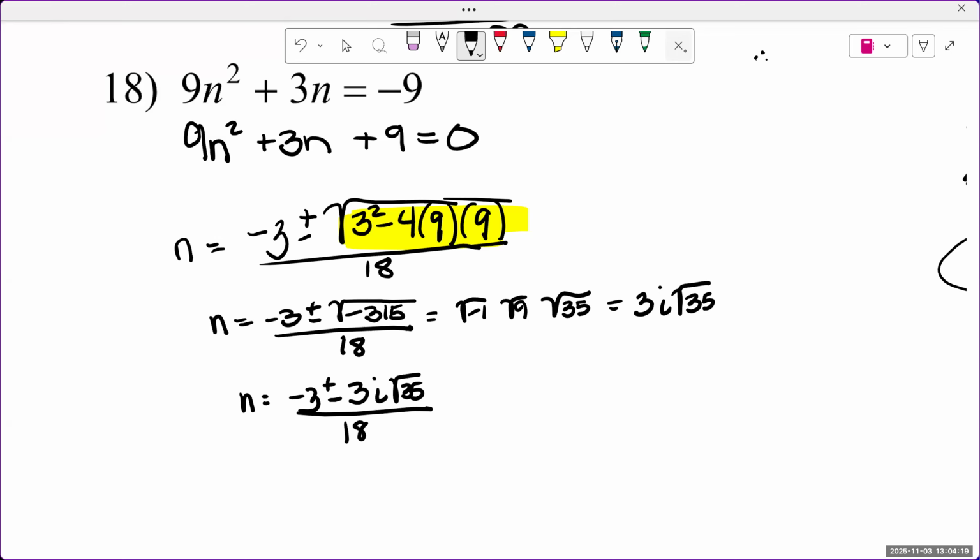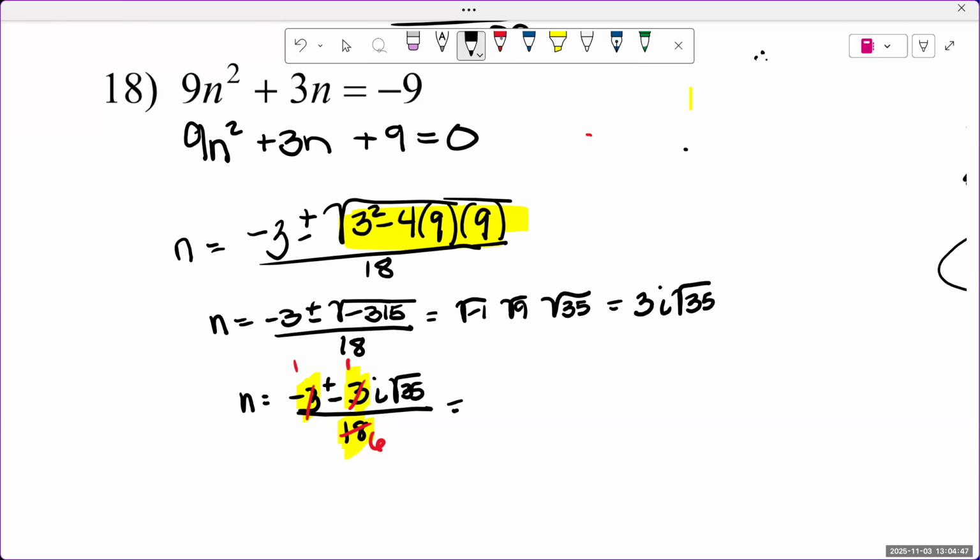Now, hopefully you are starting to recognize that if ever we have a common factor on those 3 outside parts, then we're going to need to reduce. Okay, we could split it into 2 fractions. If you want to see that, let me know. We can talk about that. Or just divide all 3 parts by 3.